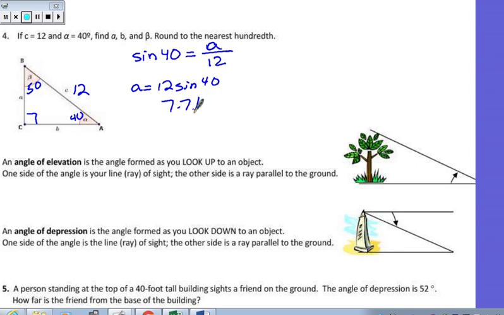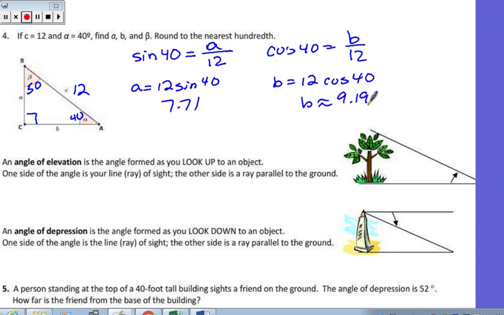Now I'm going to look for B from this angle here. Now I'm dealing with the adjacent side and the hypotenuse, so that would be cosine. So the cosine of 40 degrees is going to be B over 12. Again, I'm in the numerator, so I'm just going to multiply these two numbers together. So B is going to equal 12 times the cosine of 40, and that turned out to be about 9.19.